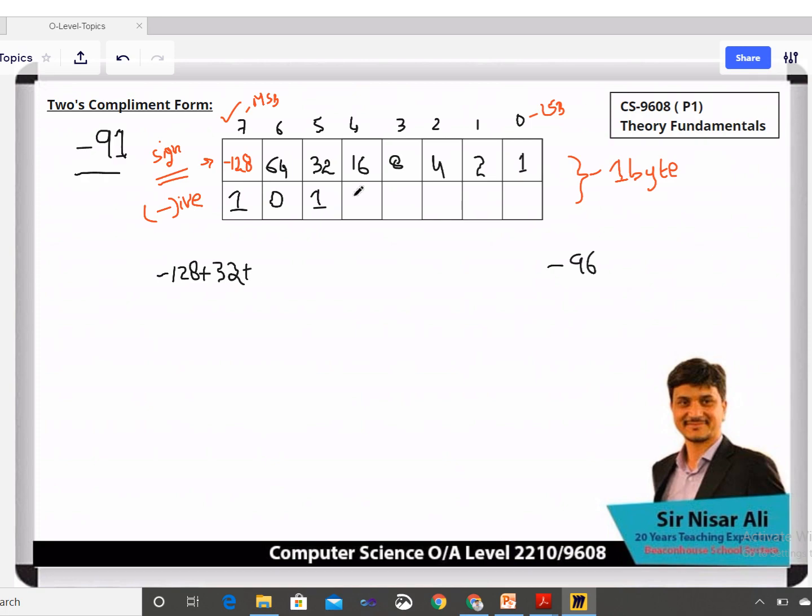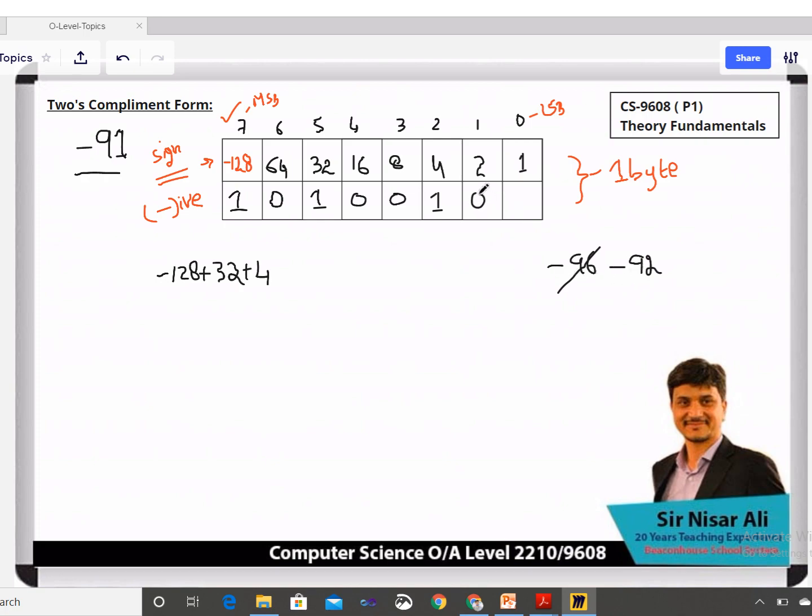Okay, now from minus 96, we still have 5 digits to remove from here. So we'll not use 16, we will not use 8, and we will use 4. Yes, because adding 4 will give us minus 92. So still we have to remove 1 more digit from here.